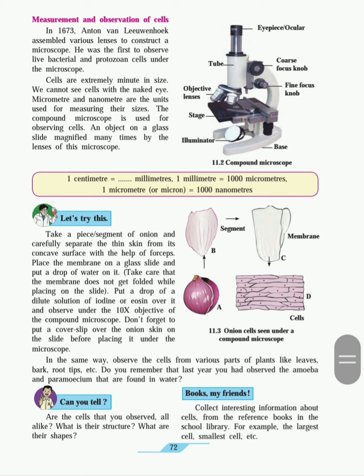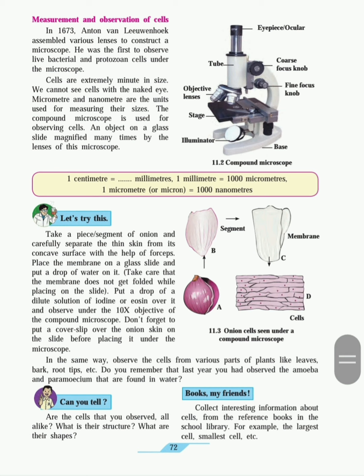So you all know what a microscope is and when and for what it is used. Do you know what is the use of a microscope? A microscope is used to observe the microorganisms which we are not able to see with our naked eyes.